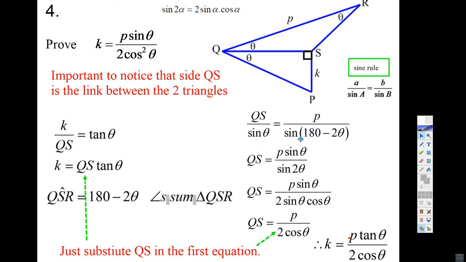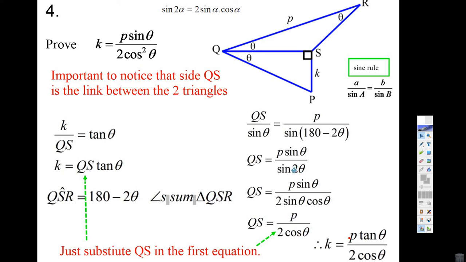But now you have to know, if you have the sine of 180 minus any angle, it's in the second quadrant, and it'll give you the same answer as the sine of the angle itself. That's just a thing you have to know about. The sine of any angle will always equal the sine of 180 minus that angle. So we can forget about the 180 minus, just write sine of 2 theta.